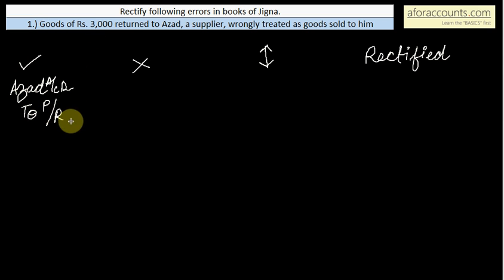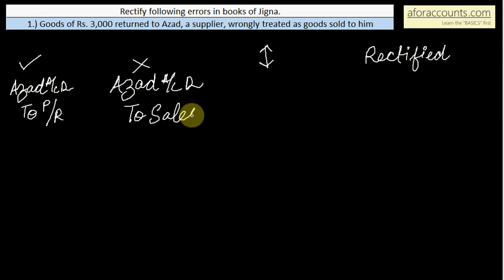Now what entry did we do? Wrongly treated as goods sold to him. So what entry must we have done for sales? The entry for sales must have been Azad account debit to sales account. We have booked it as sales. So Azad account debit to sales account is the wrong entry.